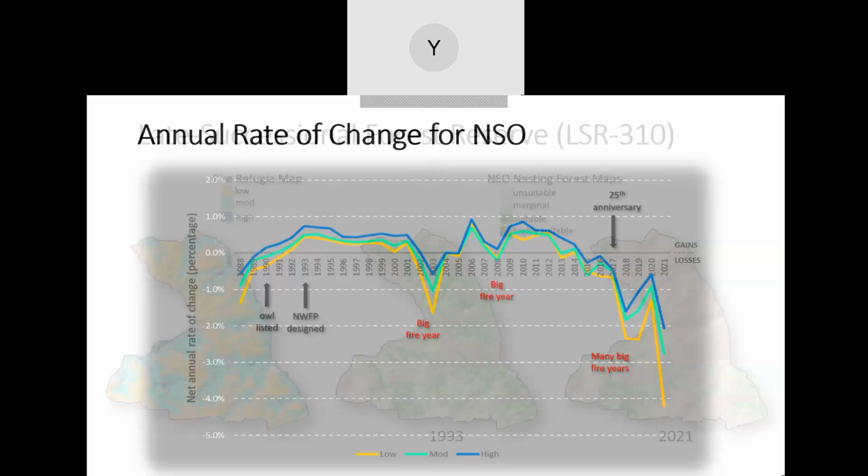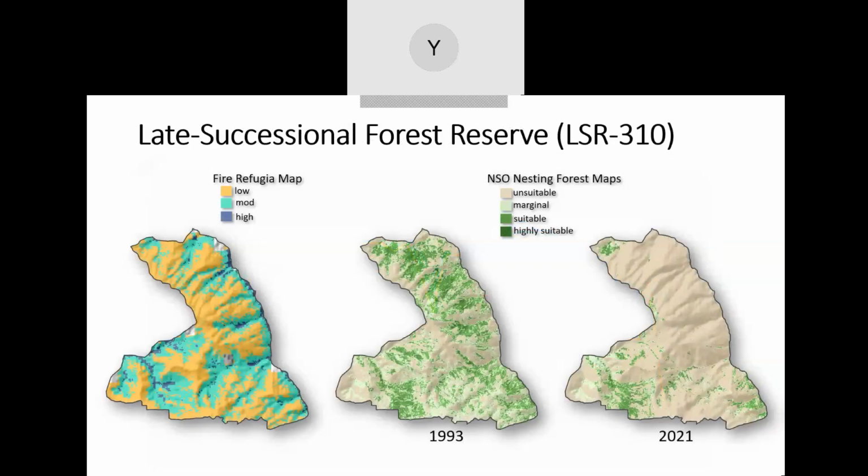Great, next slide, please. I want to show a real example of a late successional reserve and the mapped refugia. The left side is the refugia probability in the three categories. The middle is 1993.